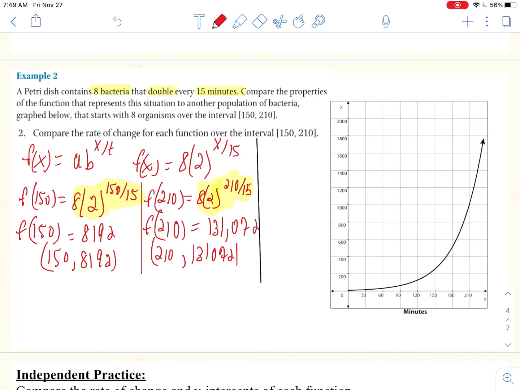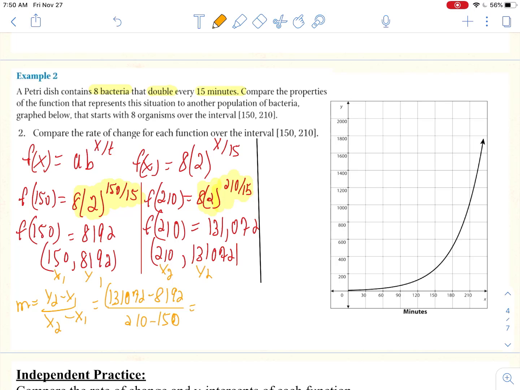Now we need to determine our rate of change using the slope formula. This is going to be my x1, y1, x2, y2. We have our slope formula, which is y2 minus y1 over x2 minus x1. If we substitute these values into our slope formula, we're going to take 131,072 minus 8,192 over 210 minus 150.